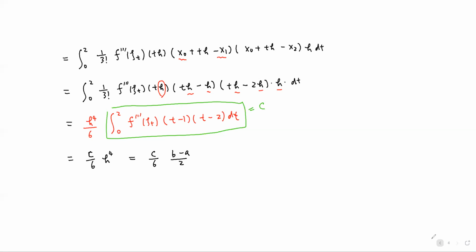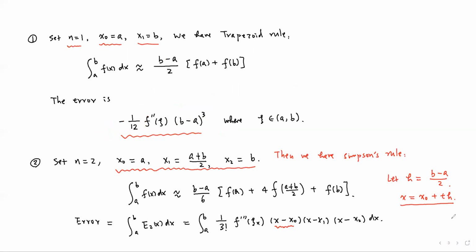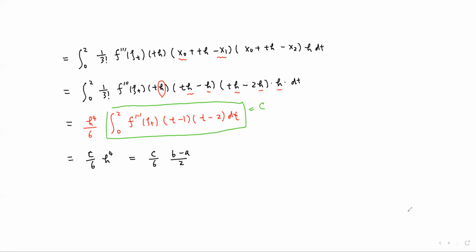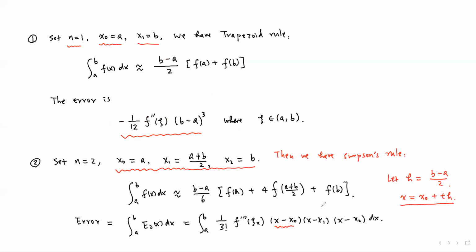So we have c times 6 times 2 to the 4th, (b minus a) to the 4th. This is the error term for Simpson's rule.